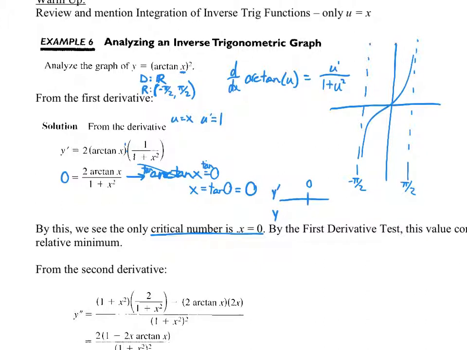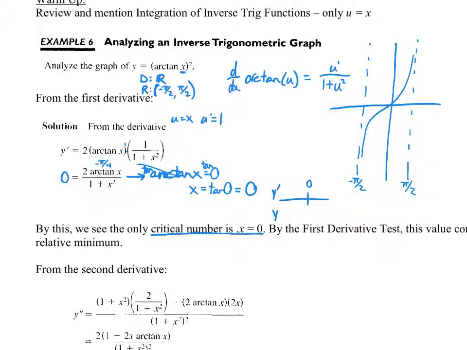If I plugged in, say, a -1, arctangent of -1 is going to be negative pi over 4, because the tangent of negative pi over 4 is -1, okay? So that's going to be a negative pi over 4 times 2 divided by 1 plus x squared, which is always positive.